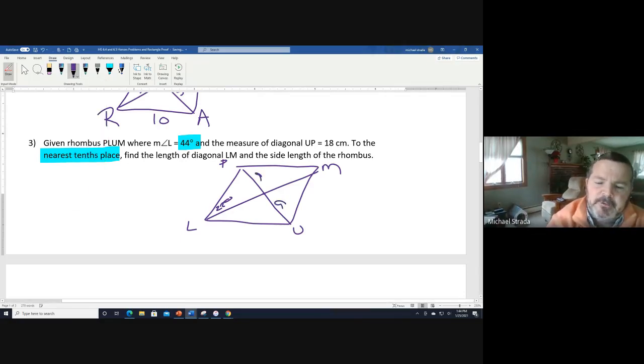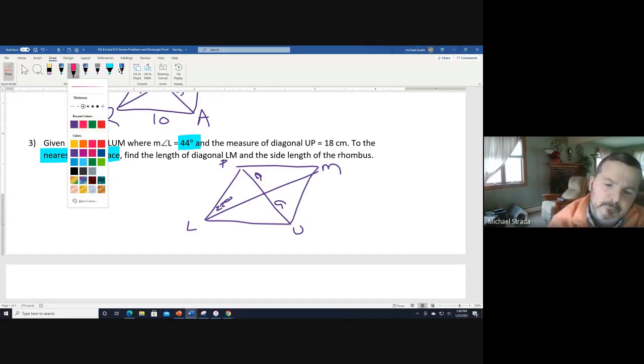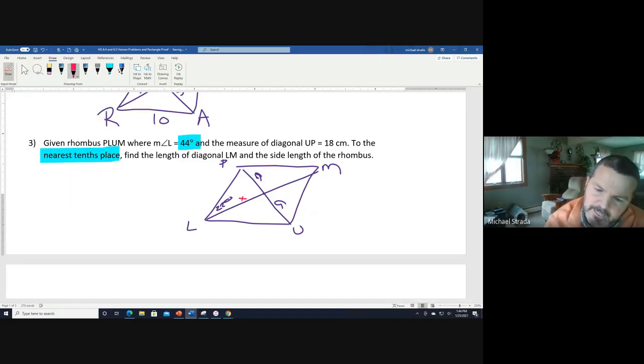So each of those is 9. Okay? Now, it wants diagonal LM, so that's going to help me with that. So I'm going to call it X. And it wants the side length Y. So that's going to help me over there.